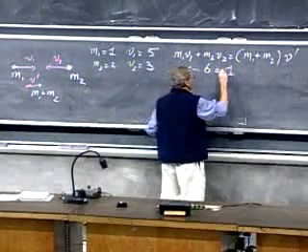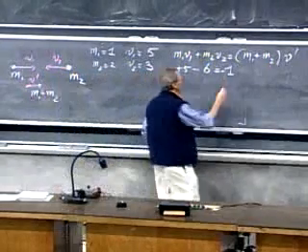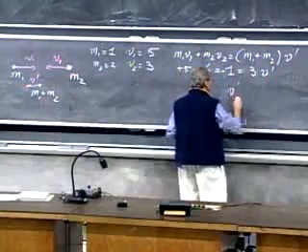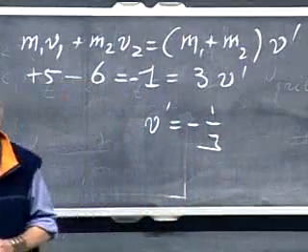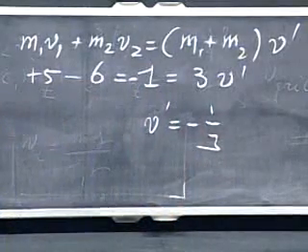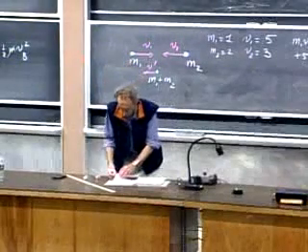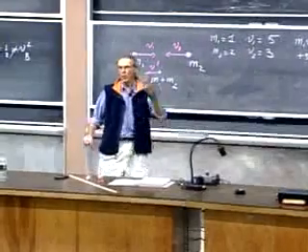So the momentum before and after the collision must be minus 1, and that must be equal to 3 times v prime. And v prime is therefore minus 1/3 meters per second. And so these objects will stick, and after the collision, they will move with a speed of 1/3 of a meter per second. Kinetic energy was almost exclusively lost.